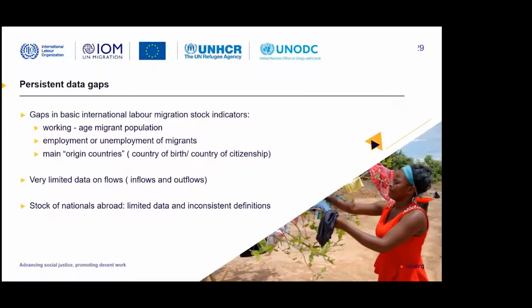If we cannot determine their country of birth or citizenship, then it becomes a bit of a problem to get their migrant status. And generally, there is limited data on flows, and this is globally.